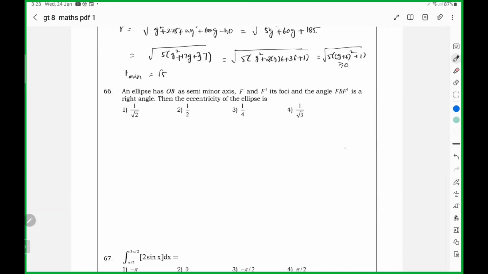Here in case of the ellipse, OB is the minor axis. F and F dash are foci. FBF dash is a right angle.